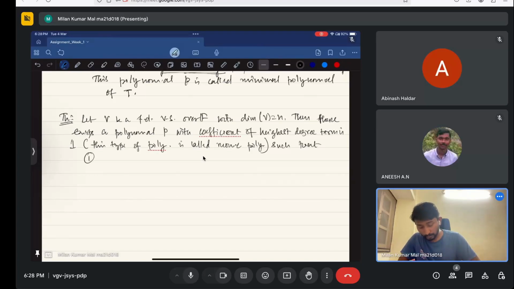Such that first, P(T) is equal to 0 as a linear operator.